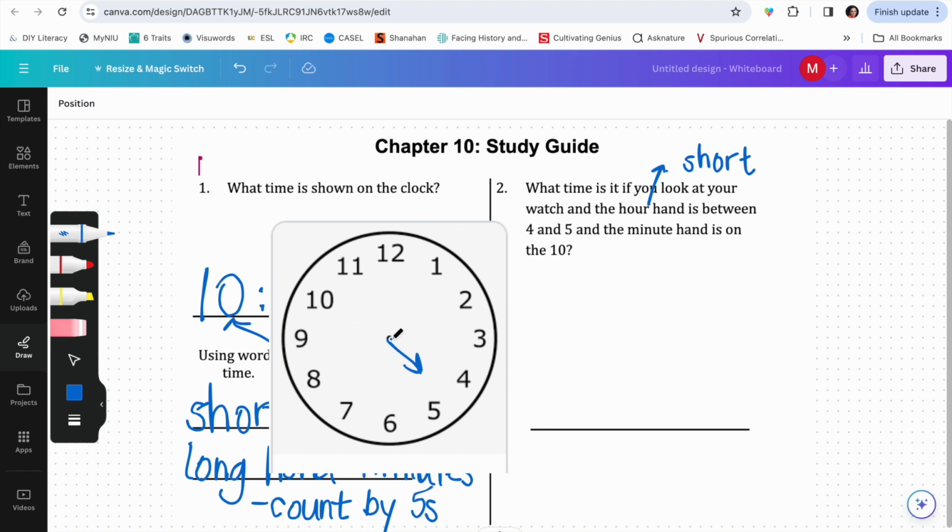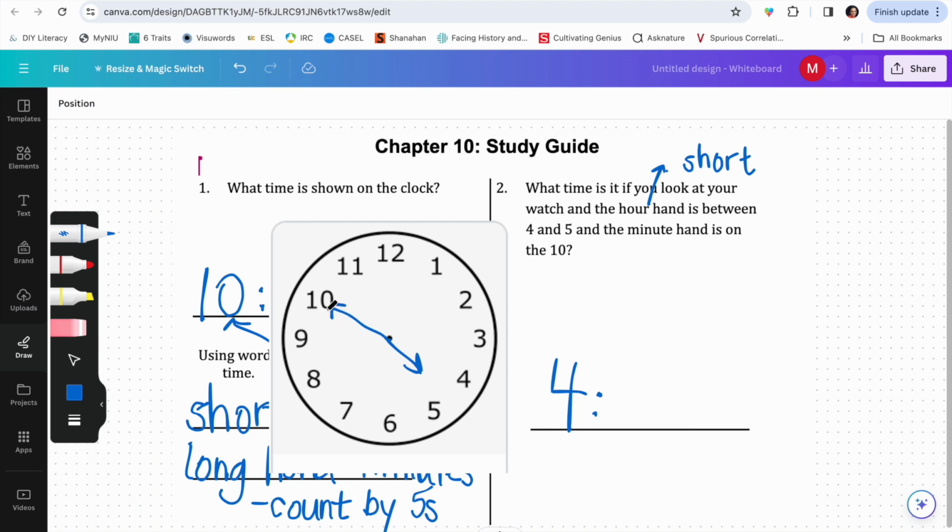So the minute hand, we know, is the longer one. And I want to make sure this is really precisely on the 10. So I have a clock that is between 4 and 5. So the hour, we've just passed 4. So I know the hour for this time is going to be 4 o'clock.